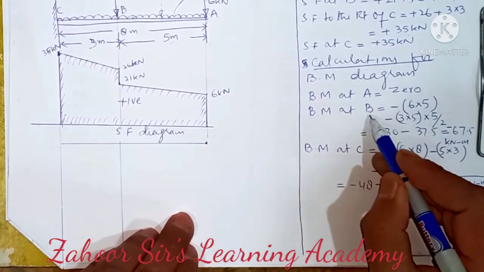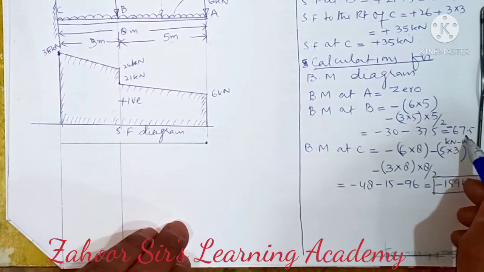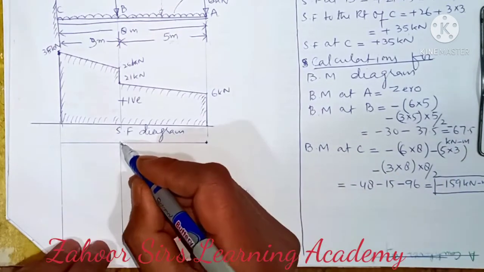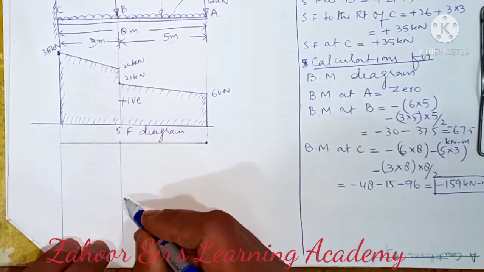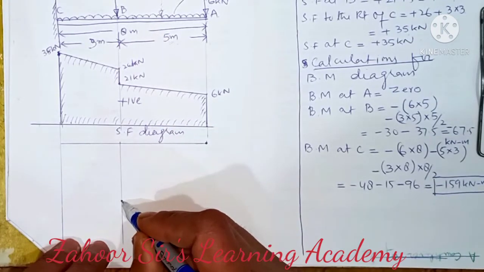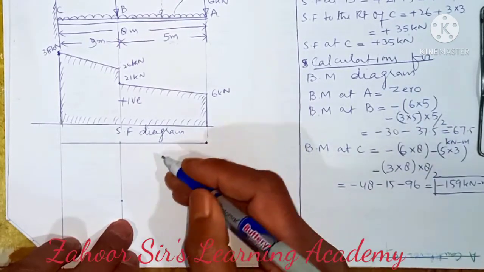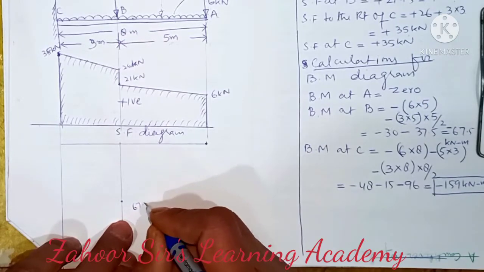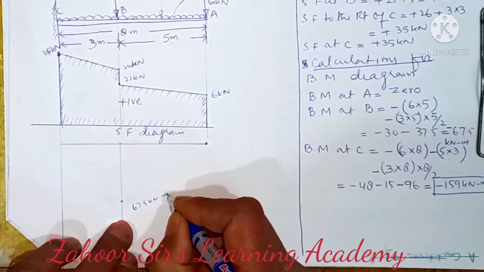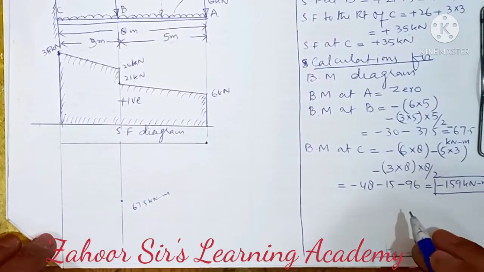So the BM at B is 67.5. It's not to be measured, but approximately I'm writing here. So let's say this point is 67.5, it's minus, so it's below the baseline. So I will write here 67.5 kilonewton meter.